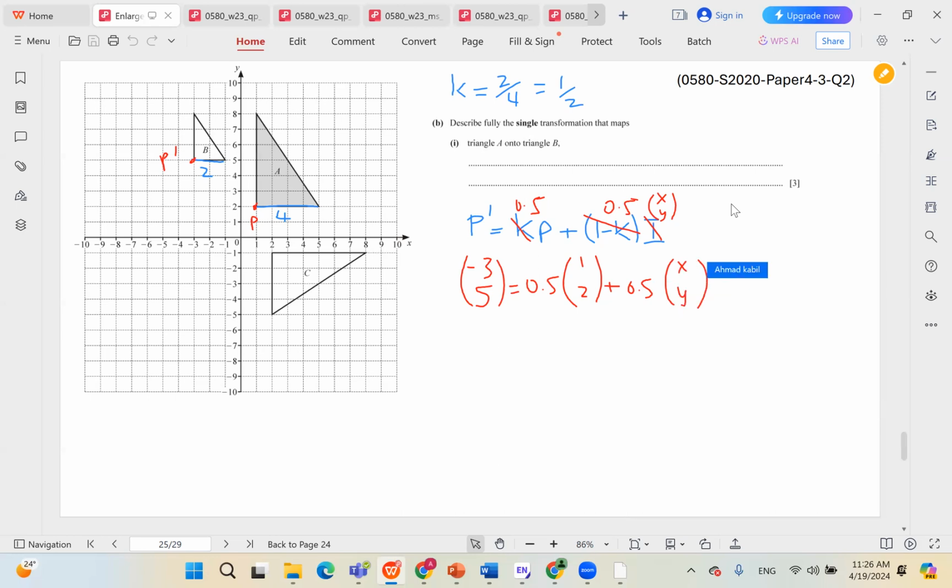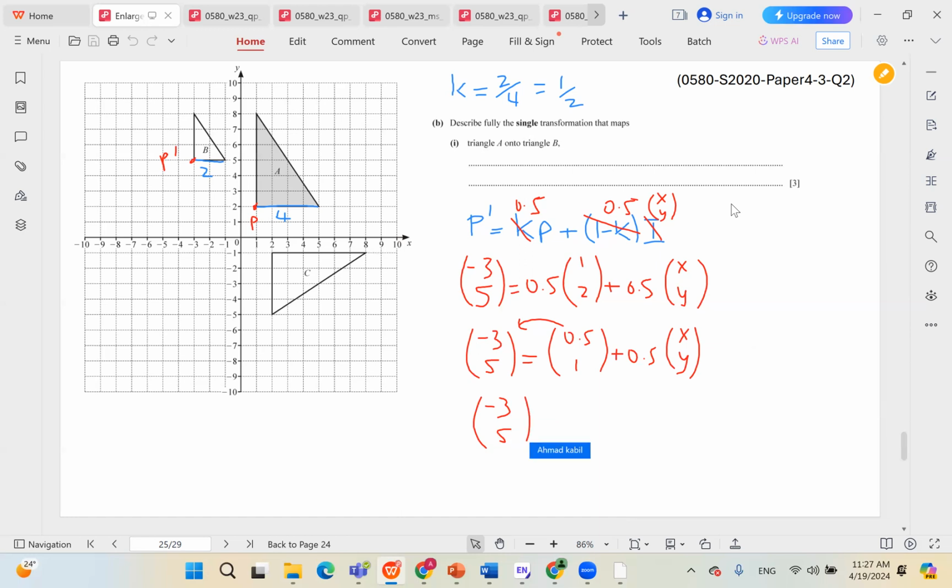So now we have -3 and 5 equals 0.5 and 1 plus 0.5 xy. We're going to take the vector to the other side. I'm going to get -3, 5 minus 0.5, 1 equals 0.5 xy.